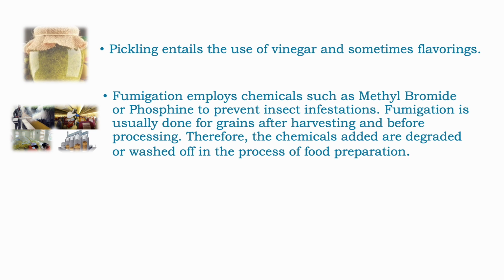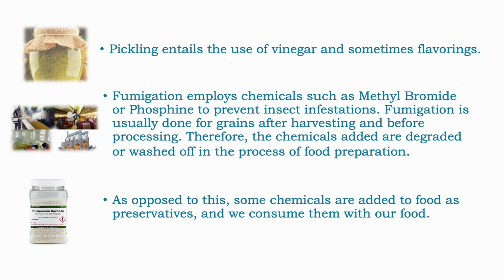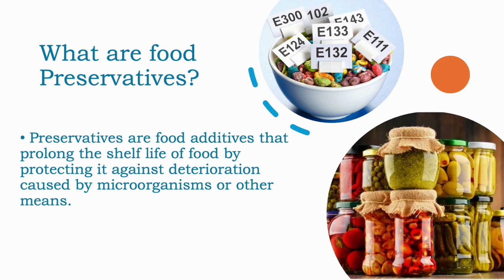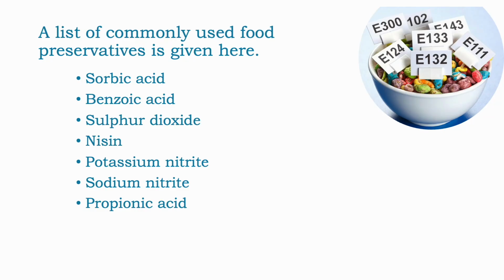As opposed to this, some chemicals are added to food as preservatives, and we consume them with our food. These are commonly known as food preservatives. Preservatives are food additives that prolong the shelf life of food by protecting it against deterioration caused by microorganisms or other means. A list of commonly used food preservatives is given here.